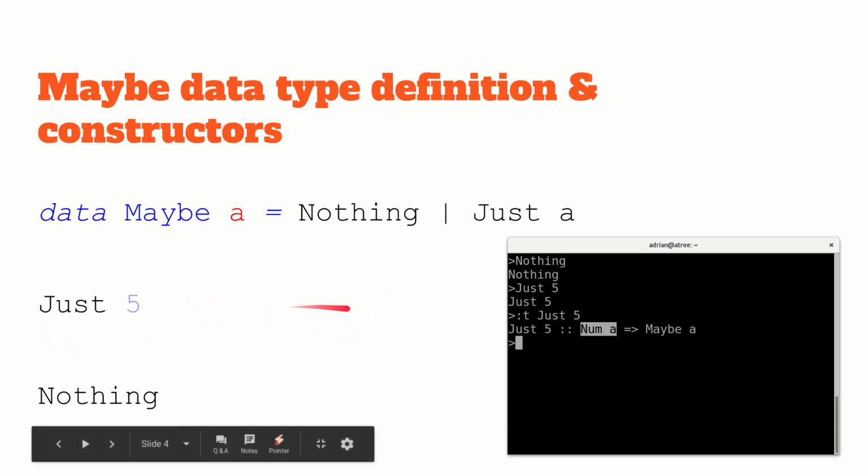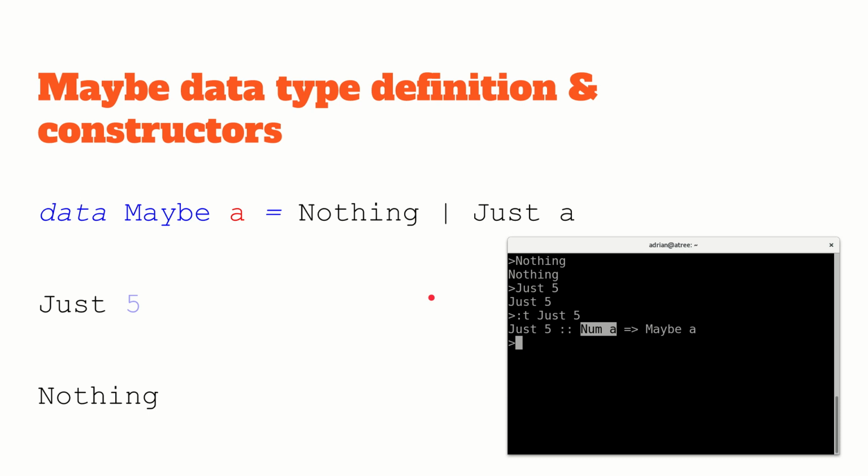And so Maybe types can be used to identify or to hold data where you might have some data or you might not have some data, and be very explicit in those two different scenarios.